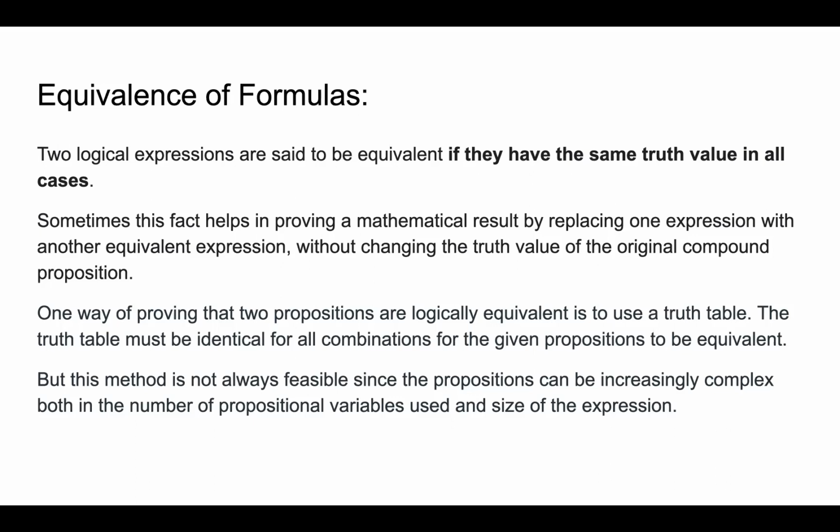Truth tables occupy a long space. If the formulas to be proved are large, then we need to make larger columns, more number of columns. If variables are also there, for two variables we have to take 4 rows, for 3 variables we have to go for 8 rows, for 4 variables again we have to go for 16 rows.